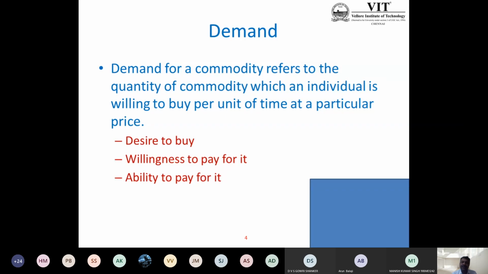I am talking about today, so the time is important, and today's price will be different from tomorrow's price. How much I am willing to buy at today's time and price is the demand for that product. So demand refers to that quantity of a commodity which an individual is willing to buy per unit time, per unit price. That is the definition of demand.